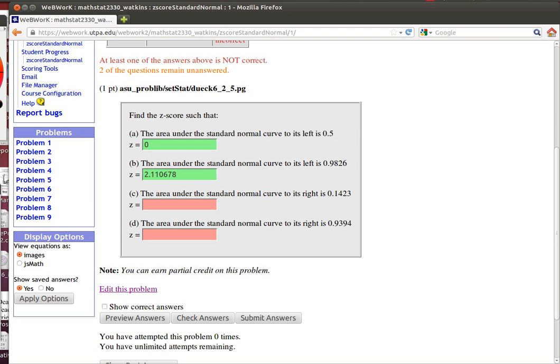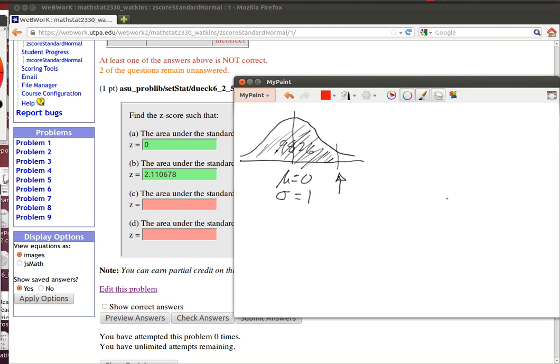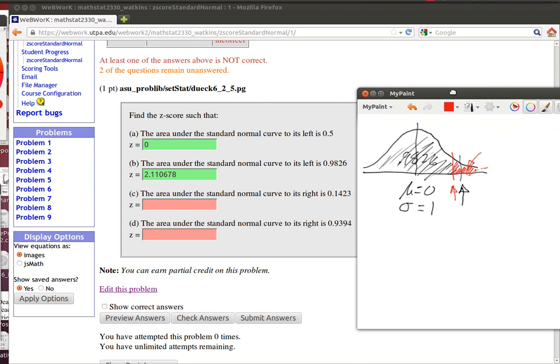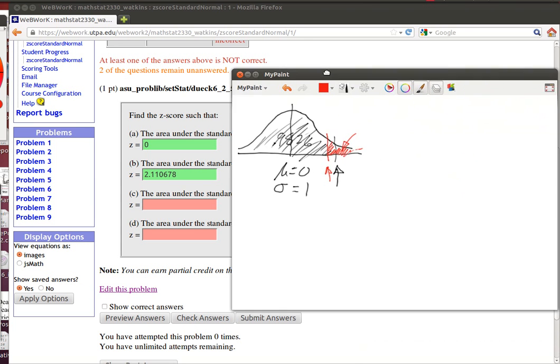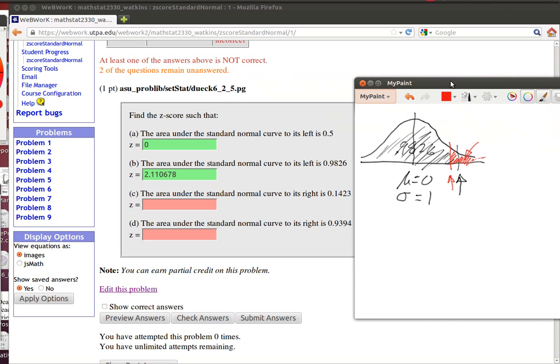So let's look at the picture of the curve. Up here, I'm not sure where this is going to be, but there's going to be some z value right here, so that the area to the right of that is going to be 0.1423.